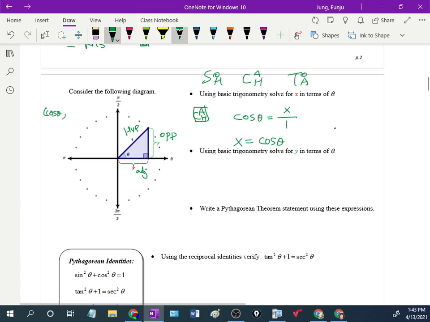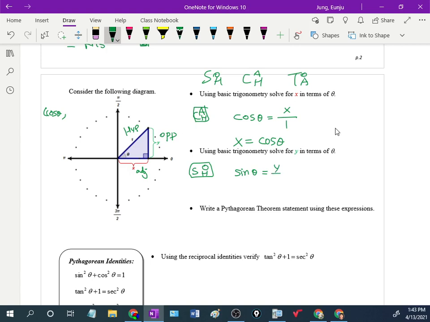Okay, let's do the same thing once again with the y variable. I'm looking at angle theta and y, so that is the opposite side. And I'm going to use SOHCAHTOA again. So let's talk about sine theta. What is the ratio for right triangle trig?